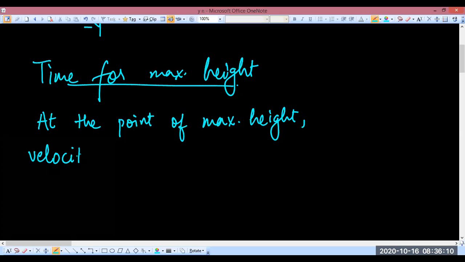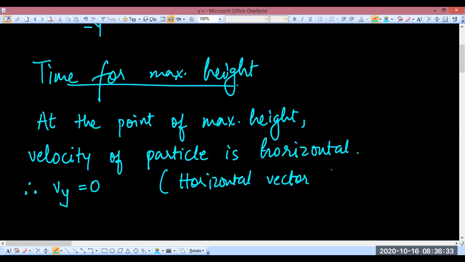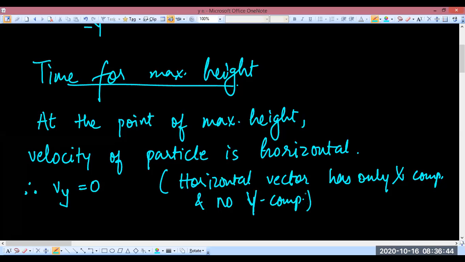At the point of maximum height, velocity of particle is horizontal. Therefore, Vy is equal to 0, right? Reason: horizontal vector has only x component and no y component, right? I hope you realize that because clearly it's parallel to x axis.